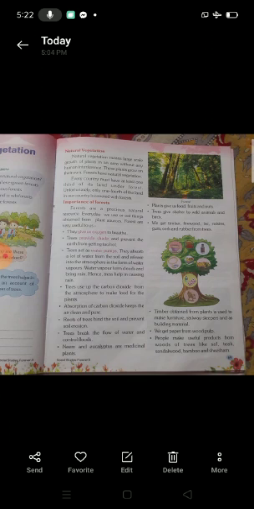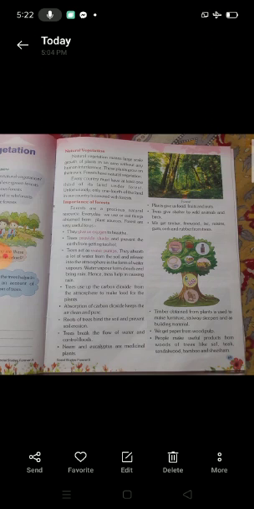Now next point, trees use up the carbon dioxide from the atmosphere to make food for the plants. Trees take all the carbon dioxide, because they need carbon dioxide to make their food. We breathe in oxygen and breathe out carbon dioxide, so we don't need carbon dioxide.